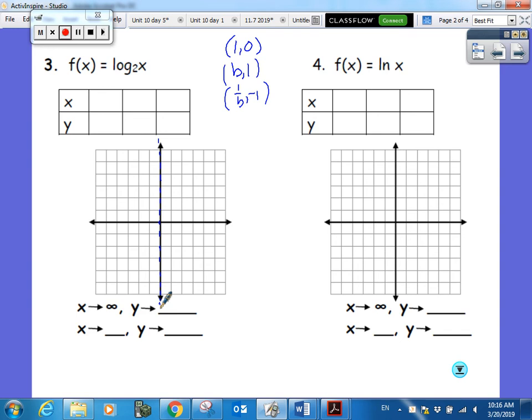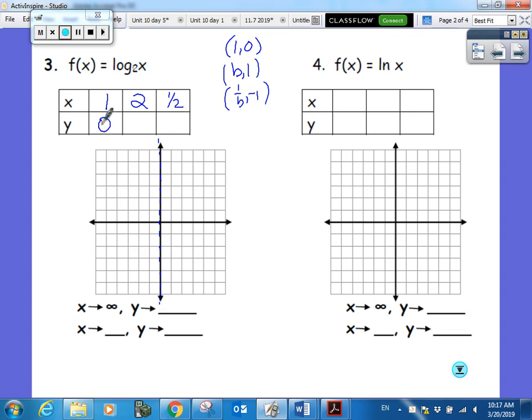Okay? So when I pick my x values, I'm going to pick 1. I'm going to pick the base. And then if you want to pick 1 over the base, you can. 1 over 2. Now, you can just memorize those points, or you can plug the values in to figure what they are. So we know we're going to have the point 1, 0.